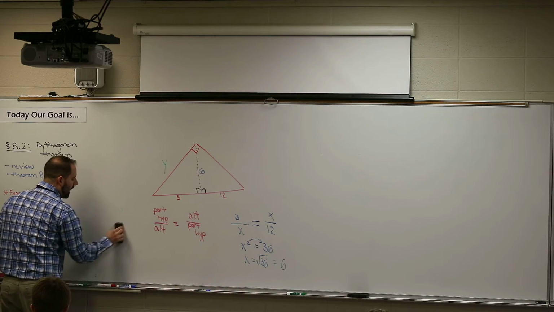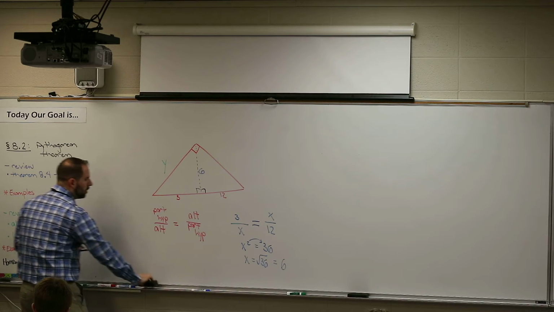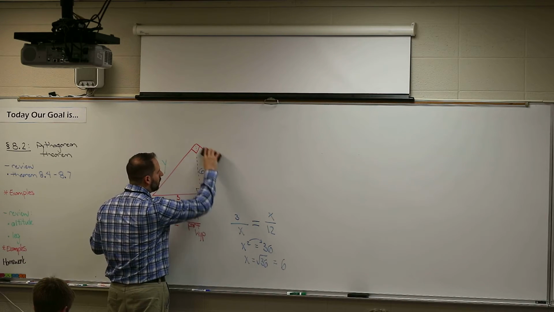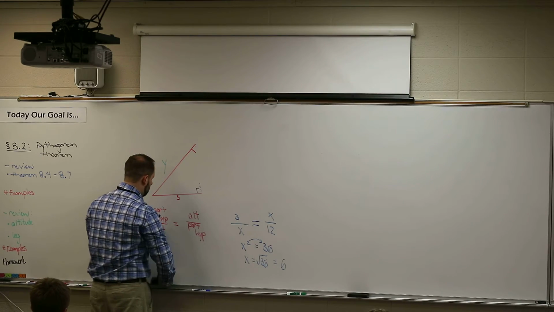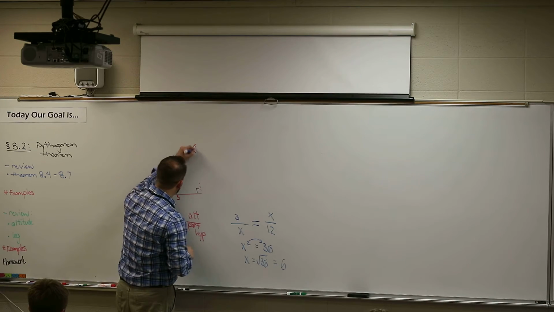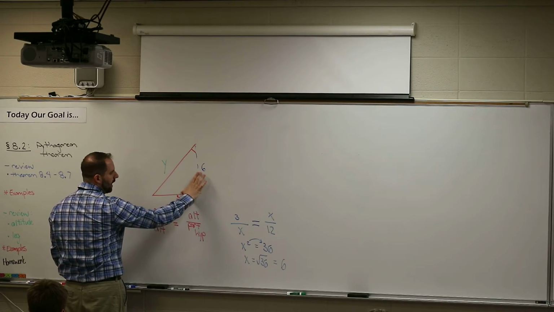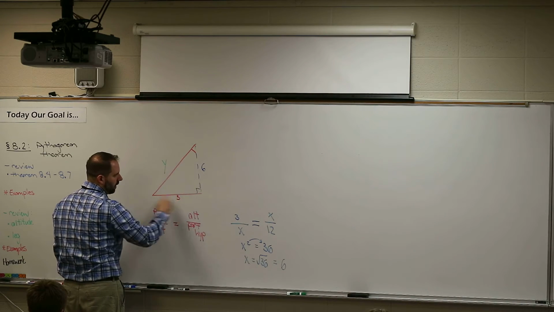Because I have a right triangle, so when you look at this right triangle here, let me get rid of this part. I think this is a 6. I could have found y because I have my legs, and that's a hypotenuse of this right triangle.